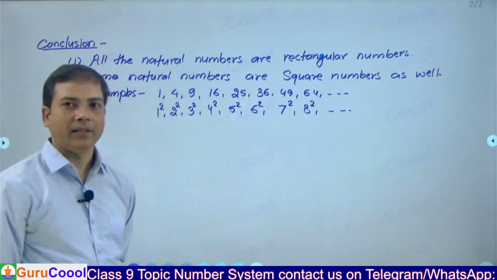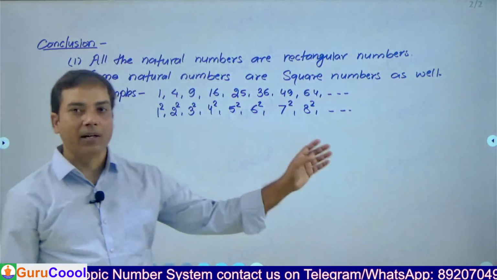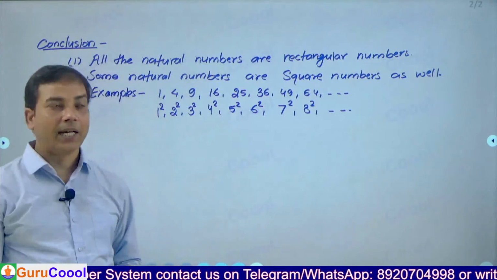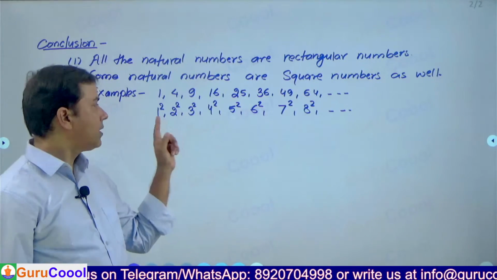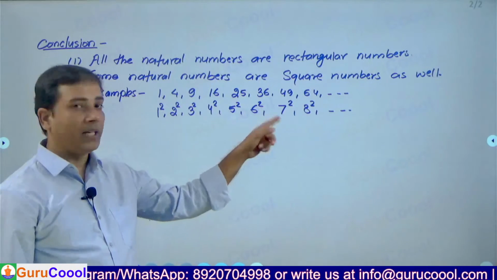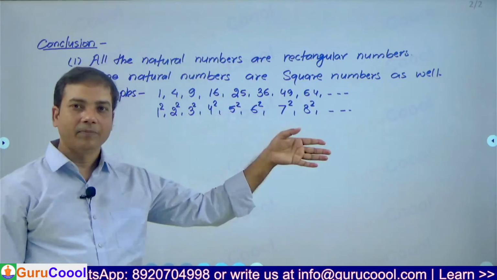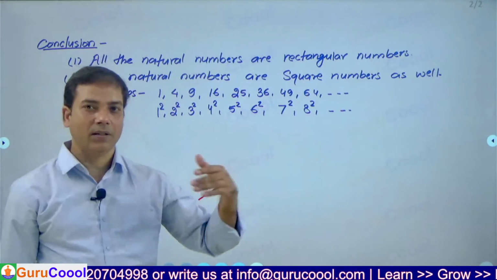It's very easy. You can find these square numbers so easily, ready to say, ready to use. Just consider those natural numbers 1, 2, 3, 4, 5, 6, 7, 8, 9, 10 and square them. You will get the continuous square numbers.